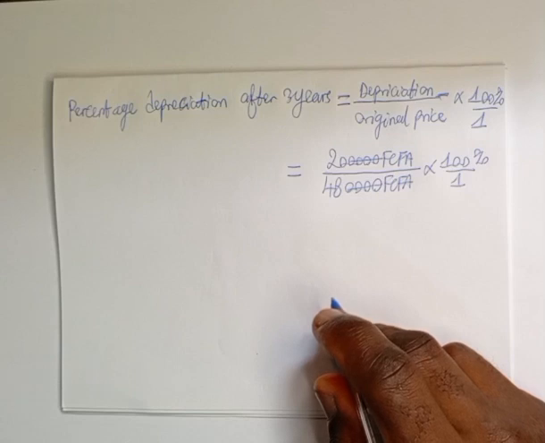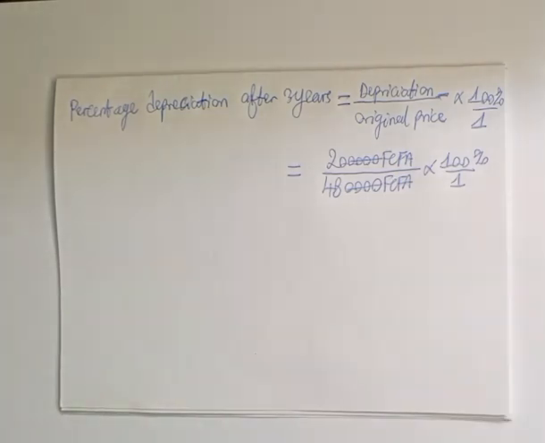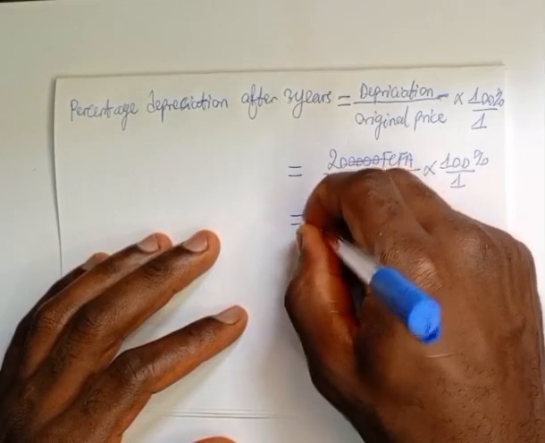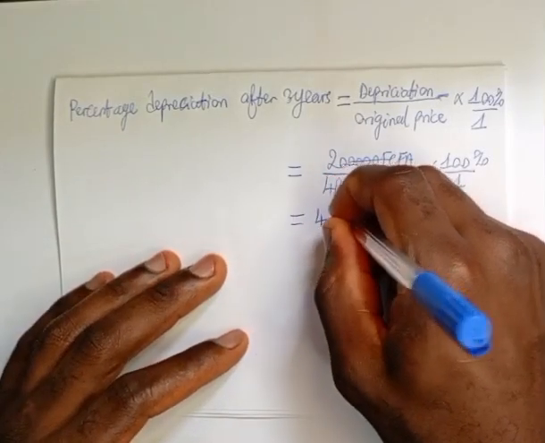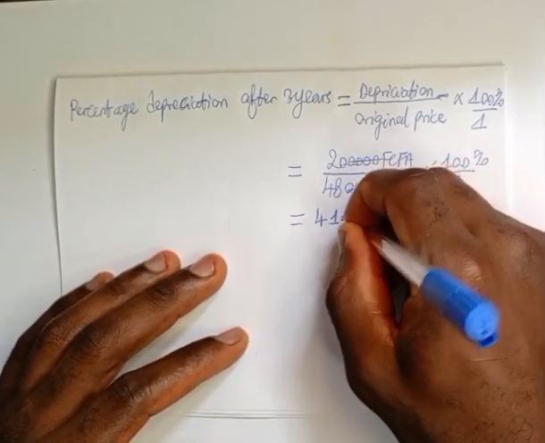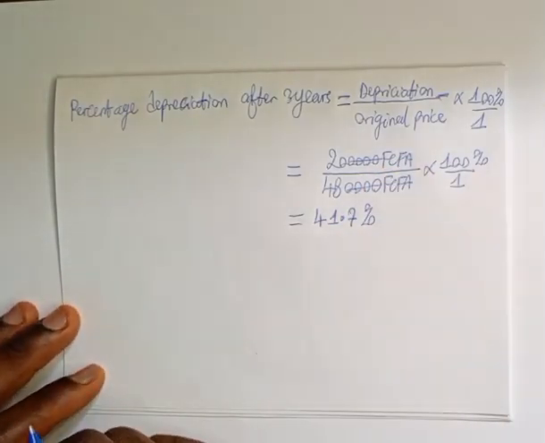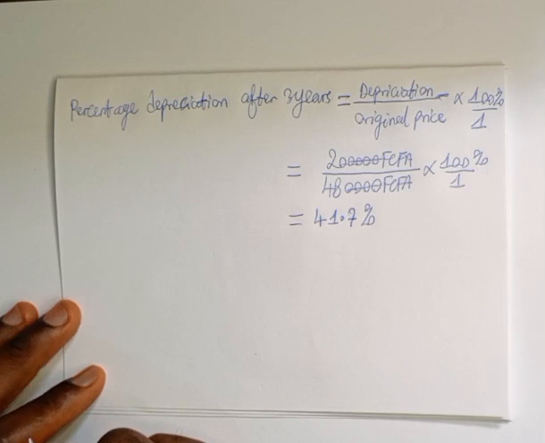We have to divide 20 by 48. 20 divided by 48 gives us 0.4167. Multiplying the result by 100, it gives us 41.7 percent to one decimal place. Now we can proceed to find the percentage depreciation after 1 year.